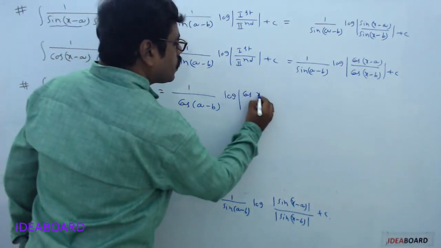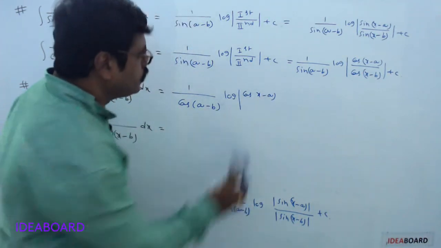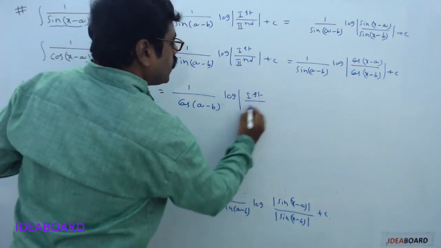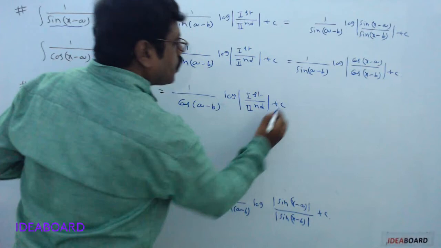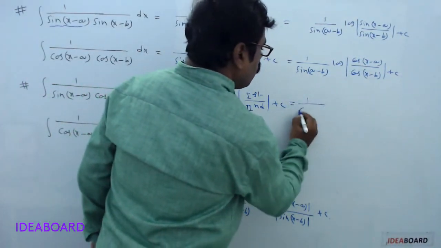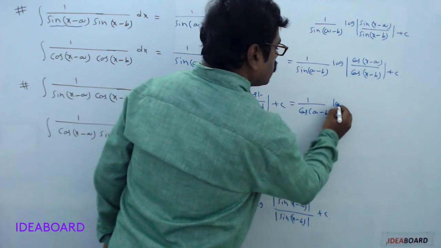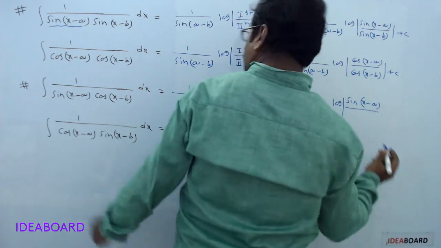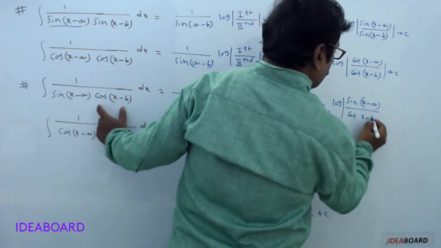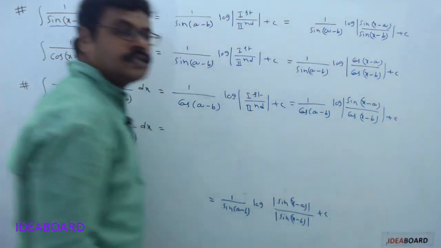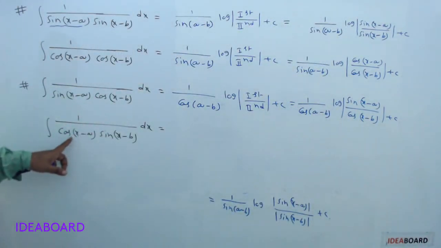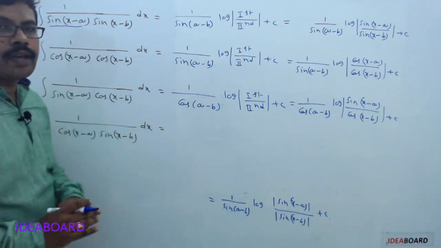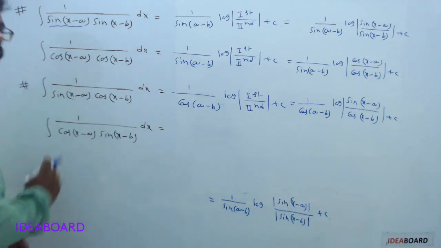That is log mod cos of x minus a, or you can write in short form log mod first divided by second, plus some constant c, which is the same as 1 divided by cos of a minus b into log mod sine of x minus a divided by cos of x minus b plus some constant c. So here also one is a cos function, another is a sine function. The actual procedure will be dividing and multiplying with the cos of the difference of angles in the denominator.